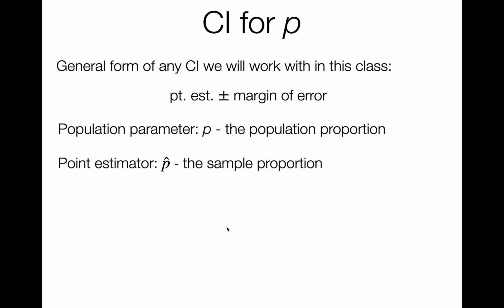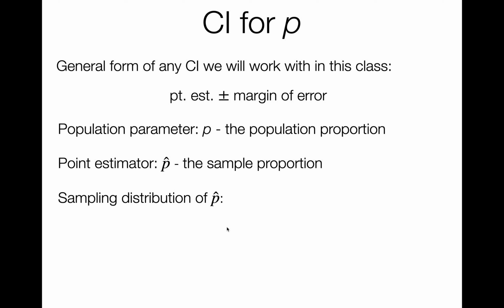Okay, so we have p and p hat, and then how do I get at that sampling distribution, or how do I know how far to stretch the point estimate out to get the interval estimate? It all depends on how p hat behaves. Okay, how much it varies from sample to sample. And so, is there any way that I can describe p hat or know how much it varies from sample to sample? And your answer should be, of course, yes, there is.